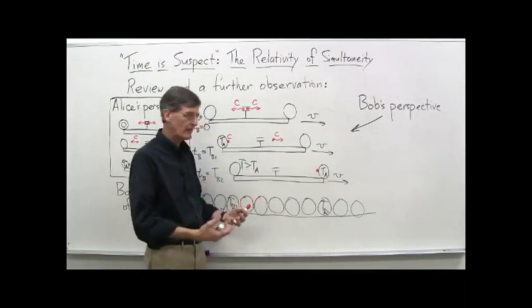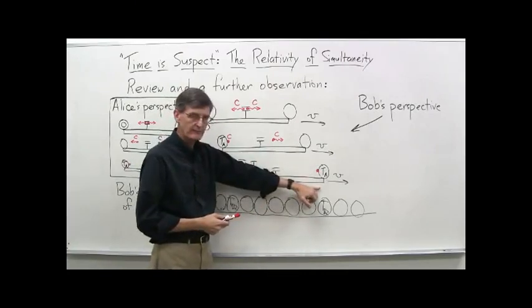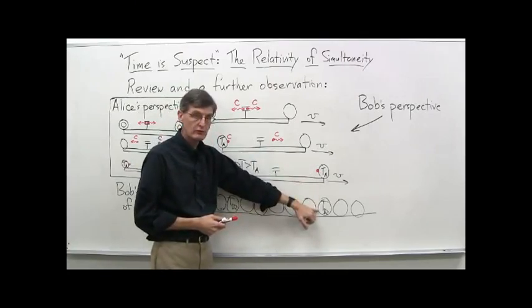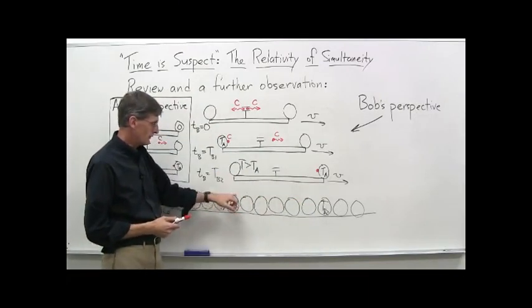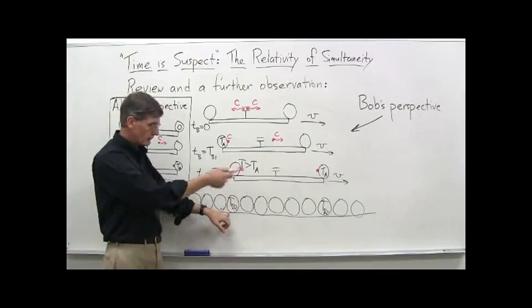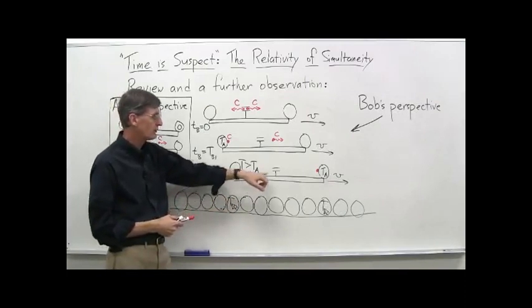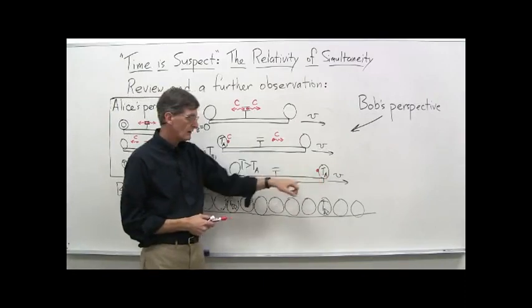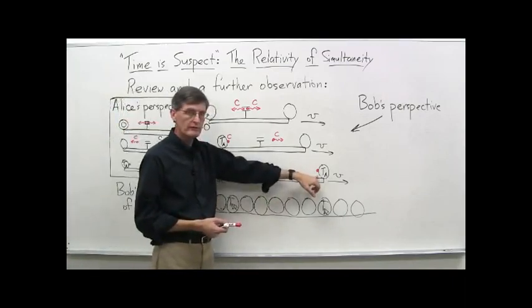They can't disagree over photographic evidence at the same location, the same event. His clock reads TB2 at that point. He also says, hey, my clock back here also reads TB2, and I just took this picture. But your clock is going to be at time t greater than T sub A.